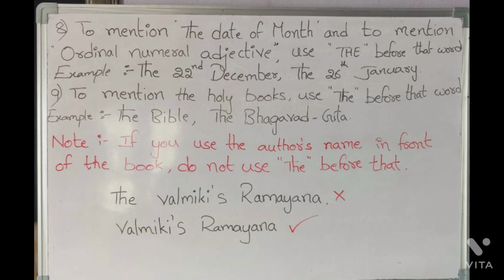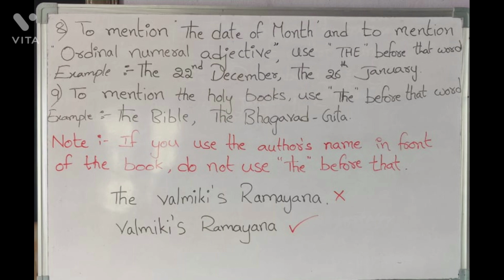To mention the holy books also, we use "the" before those words. For example, the Bhagavad Gita, the Quran. So this is how "the" is used. And specifically note this: if you use the author's name in front of the book, do not use "the" before that.